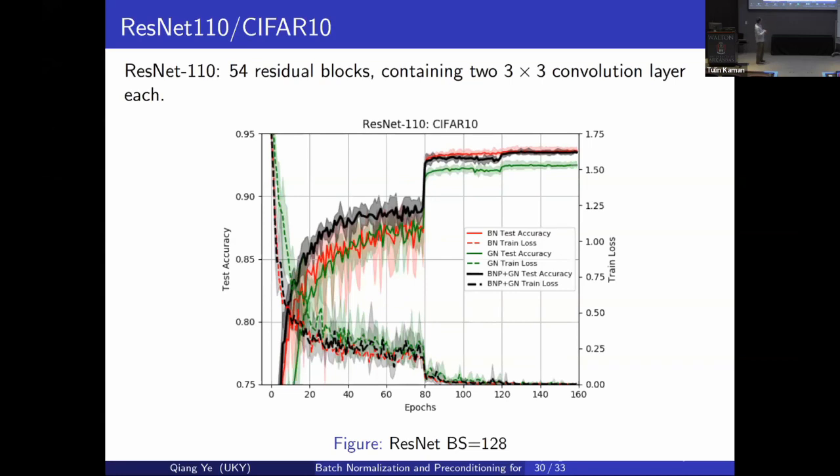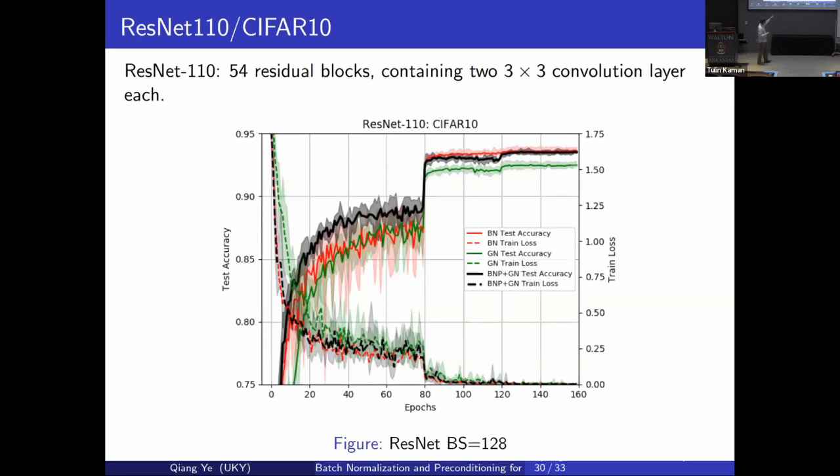The dashed lines are the training, more or less the same for all three methods. BN is initially doing slightly better. The green line is where we compare with group norm, which is another normalization method. The vanilla network was doing very, very badly.